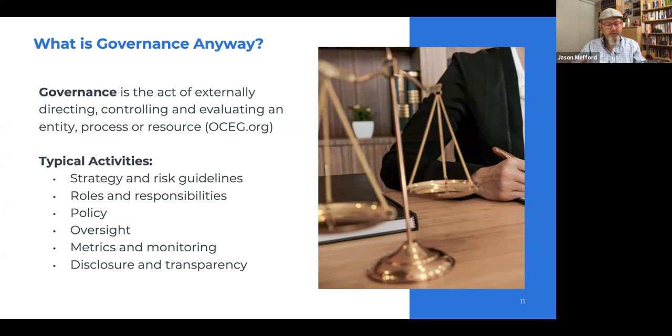Now, the board or the governing group is doing some sort of oversight, right? They'll give direction to somebody, and then that somebody will come back and report to them. They'll be overseeing and making sure that things are happening the way they're expecting. How do they do that? A lot of times it's through metrics. You give somebody a job to do, and you come up with metrics to check whether or not they're doing it.